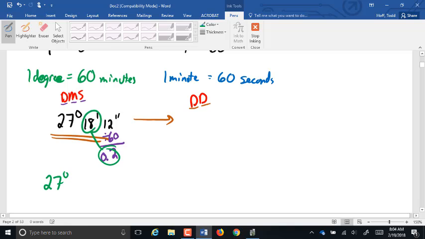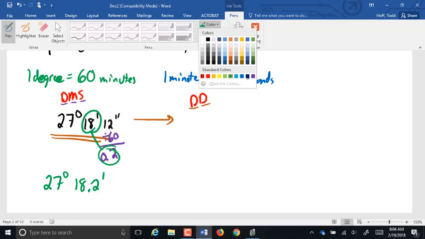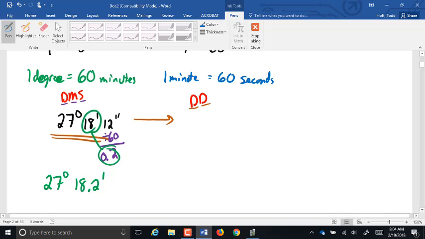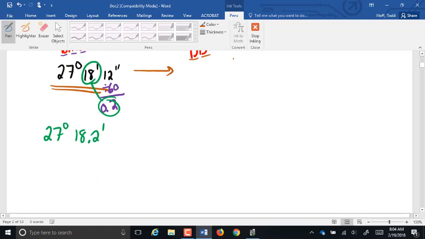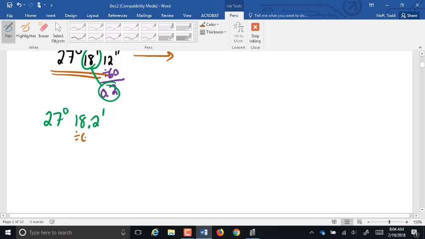What that's telling us is that we can add 0.2 to our minutes. So it's still 27 degrees. It is now 18.2 minutes. Now we have to convert that 18.2 minutes into degrees. And we're going to divide that by 60. There are 60 minutes in a degree.